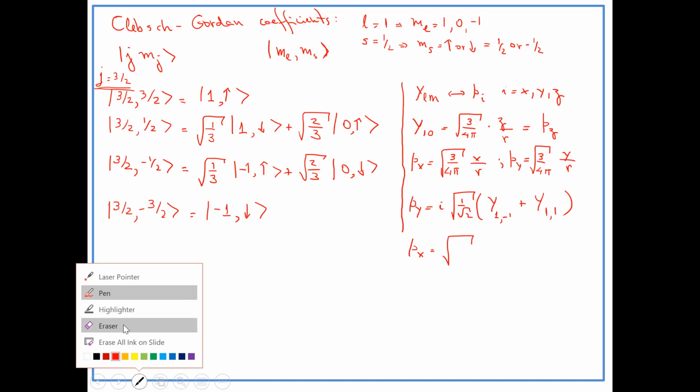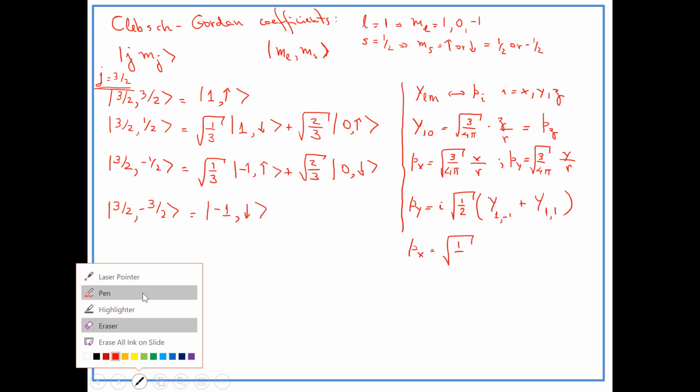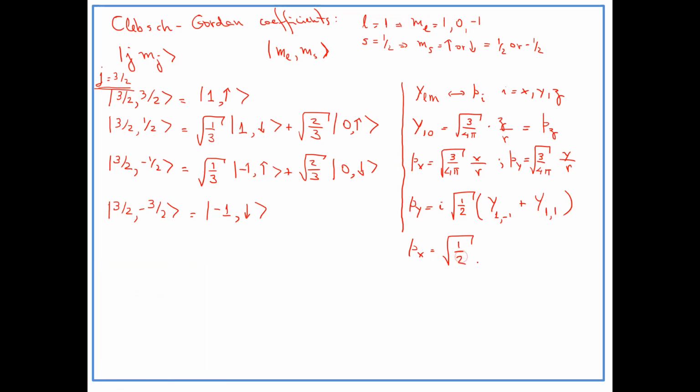I wrote a square root twice here; this is 1 over root 2.